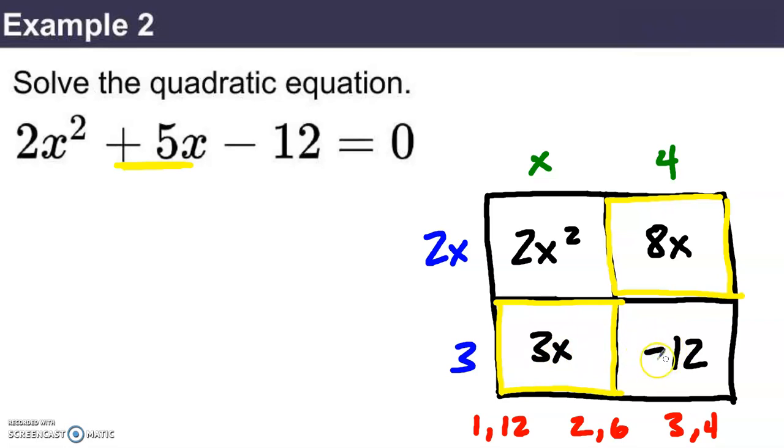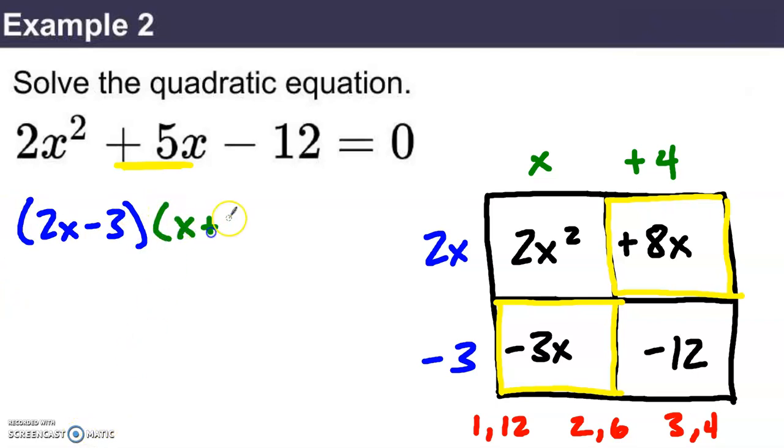I know the signs have to be different, which meant that if I make this negative, this would be negative 3x. And for this positive, that's positive 8x, and that gets me what I need, doesn't it? We made it. So my factors are 2x minus 3 and x plus 4.